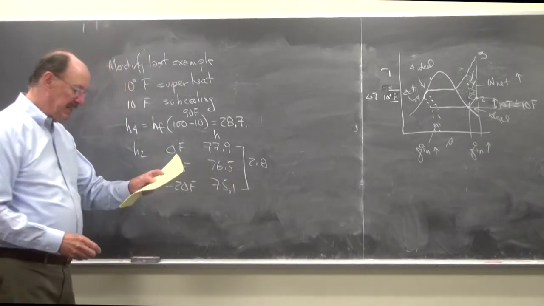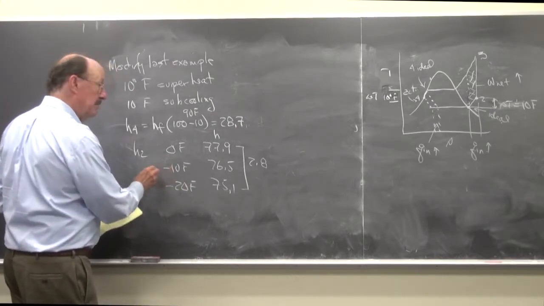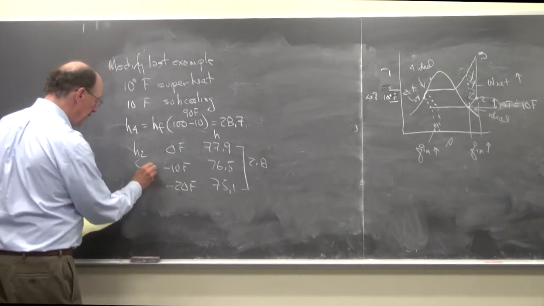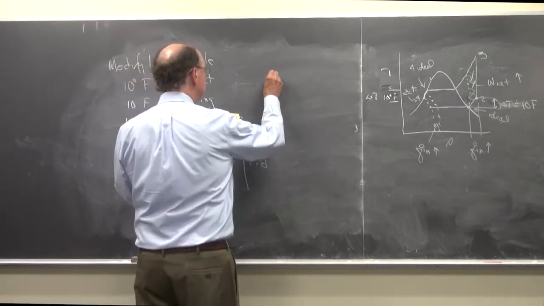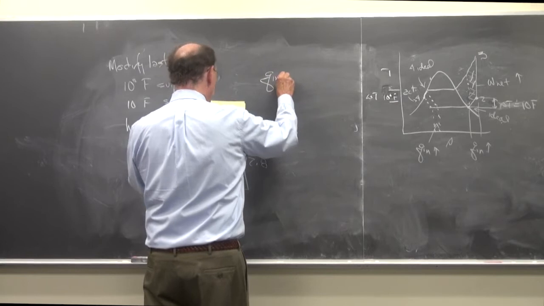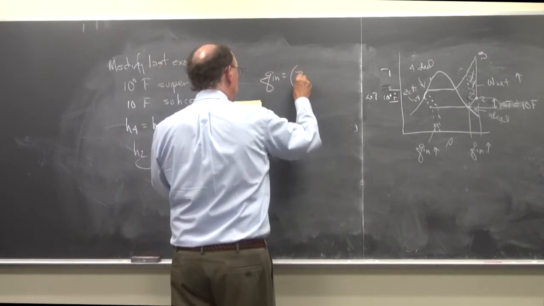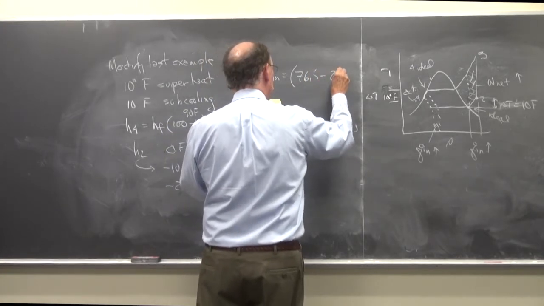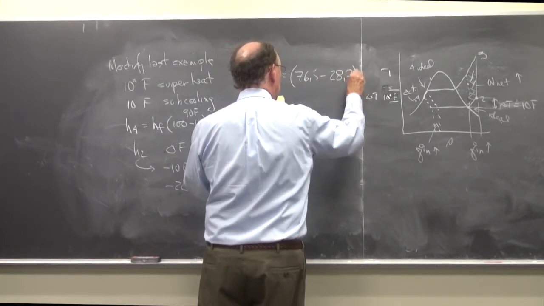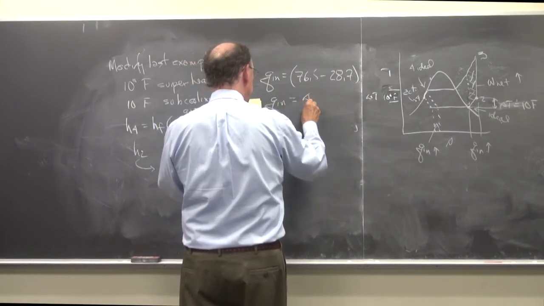So that becomes the enthalpy value at state 2. And so Qin is equal to 76.5 minus 28.7. Qin is equal to 47.8.